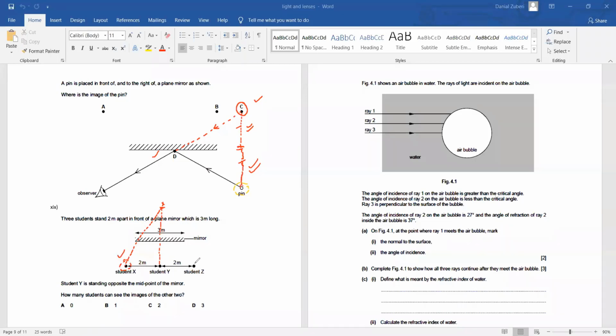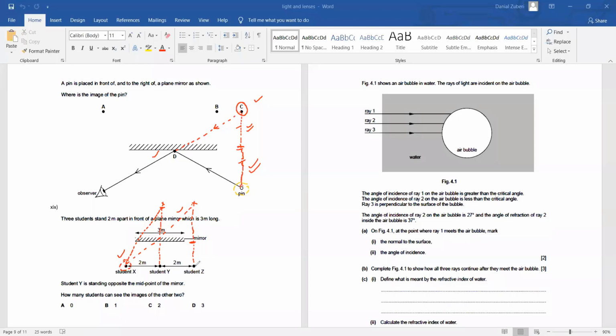Then if we work out student Z, this would be the position of the image of student Z first, then from this point to student X. That would be obviously a straight line drawn easily. So X can see Y and Z. Am I right? Am I understood?